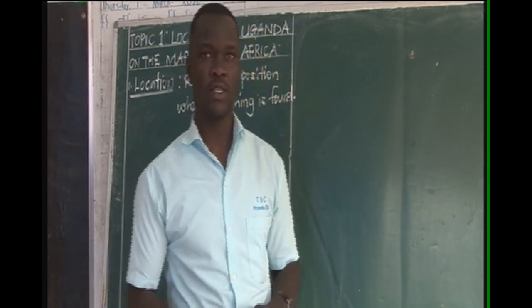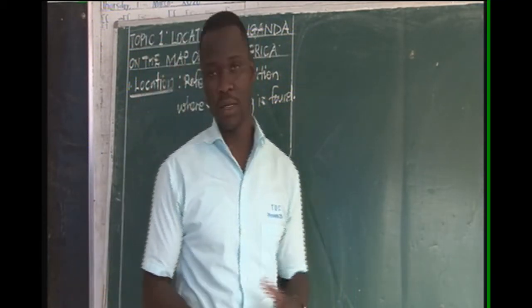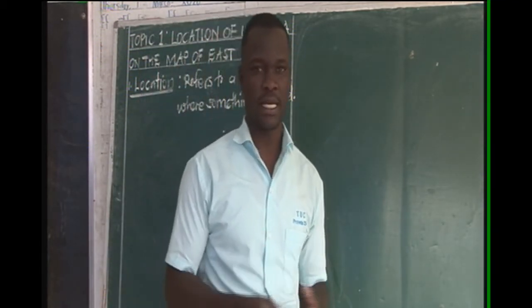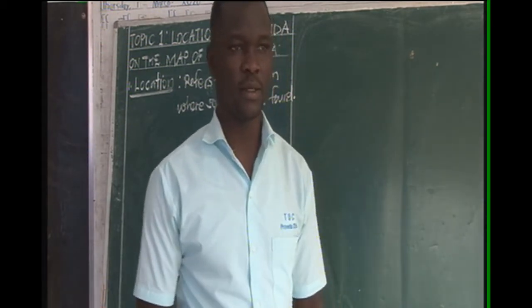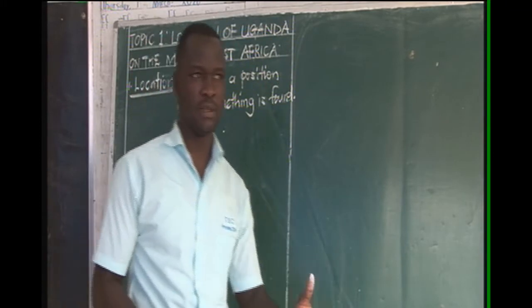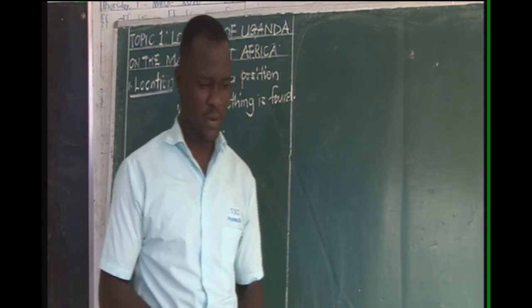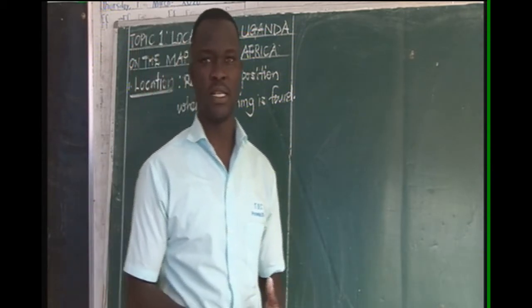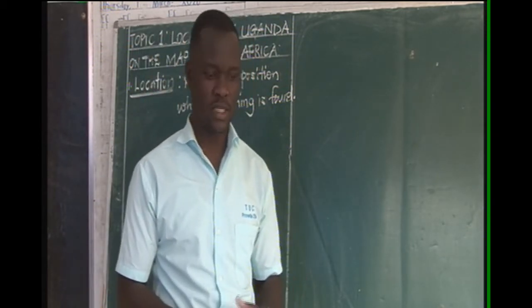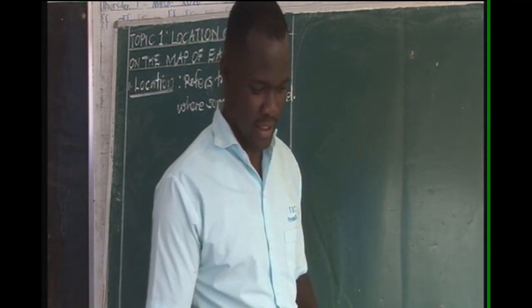Next, we are going to go back to our lessons that we had in the previous classes, that is primary 3 and primary 4. You will find that when we were in primary 3 and 4, we learned about locating places, and majorly we were understanding how places can be located, that is using a compass, using physical features, and very many other things.